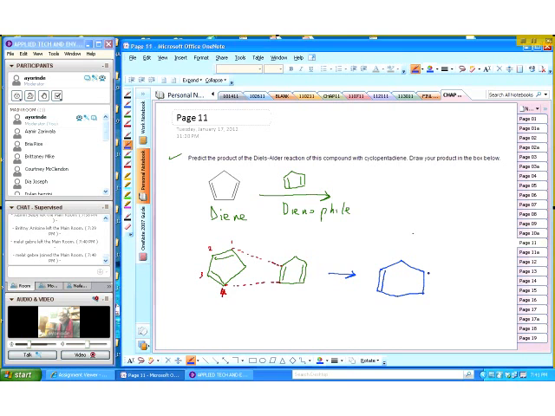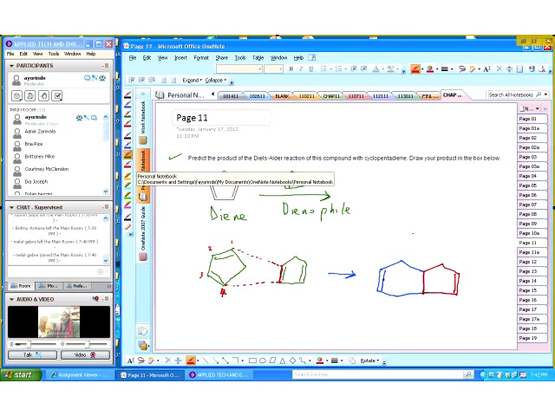This double bond has moved here now, and then this carbon here. Let me use a red pen to show that. So that is this one here. And now the rest of that molecule is there. That means this double bond is still here.